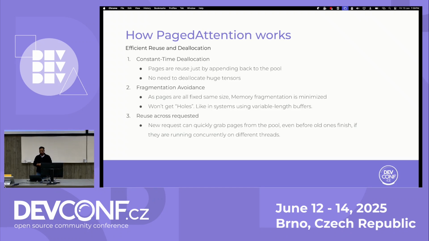So this is how the pages are reused. As I told you, if there is any request which gets completed, then it will just move those pages to the pool. Unlike in the LLMs, what happens? If there is any request, it will save its future token as well as the past token.